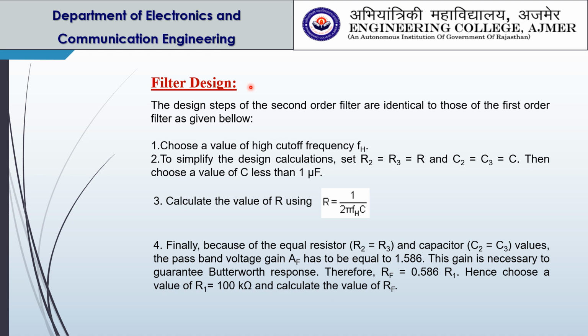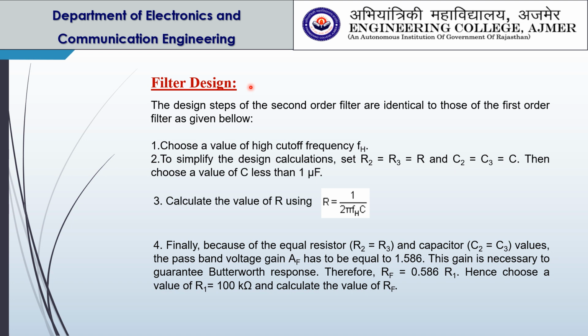Then, to simplify the design calculation, we can set R2 equal to R3 equal to R, and capacitor C2 equal to C3 equal to C, and then we can choose a value of C less than 1 microfarad. By considering FH and C, we can calculate the value of R using the formula R equal to 1 upon 2 pi FH C.